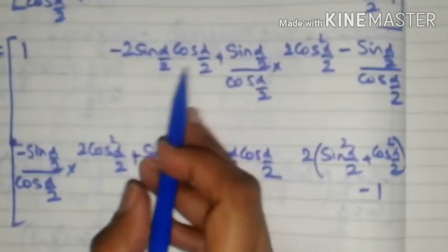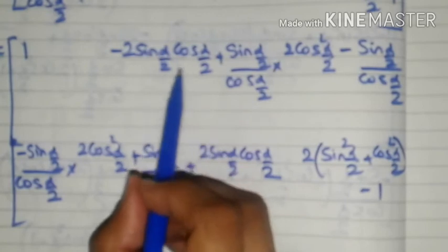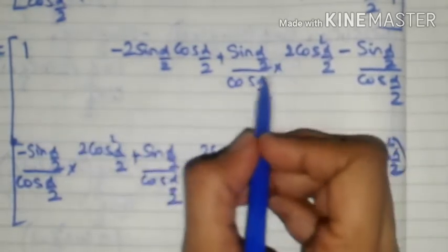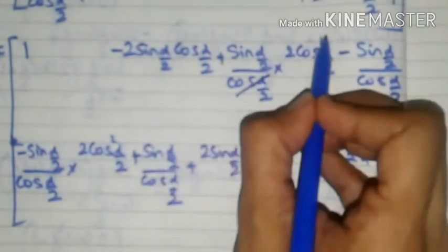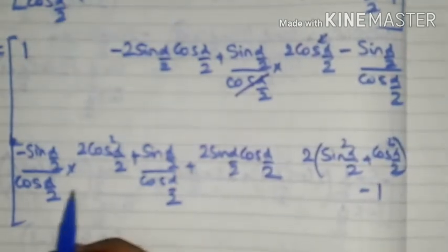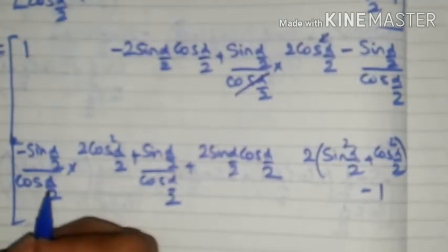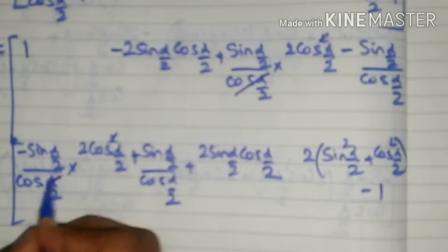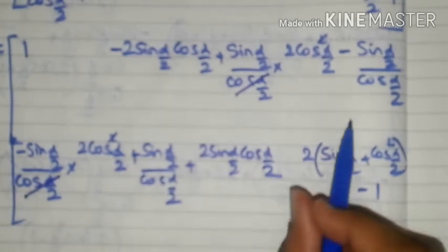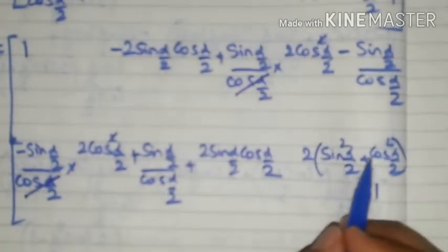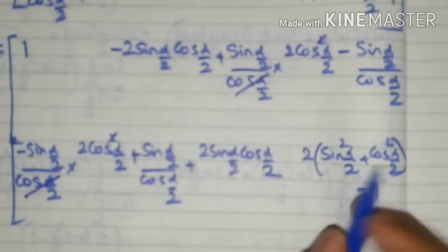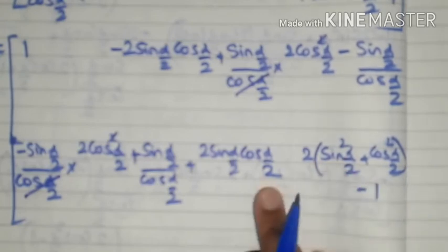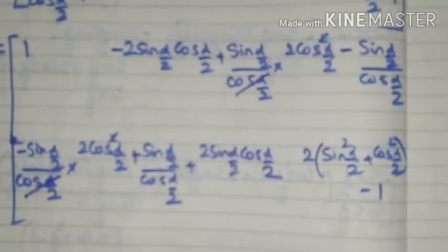So friends, now let us see if we can cancel some terms. If you see in the first row second column, I can cancel this cos alpha term over here. Then again you can see in the second row first column, I can cancel this term. Now if you observe, this sin square alpha by 2 plus cos square alpha by 2 will become 1. So these changes let us incorporate in the next step.